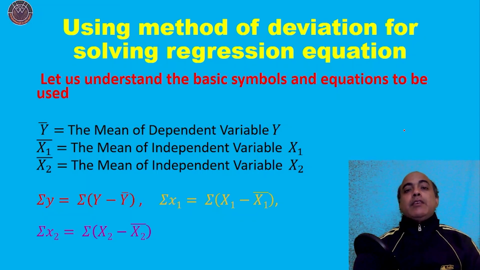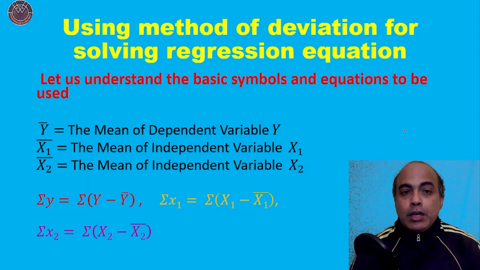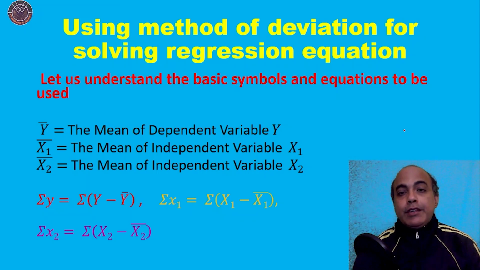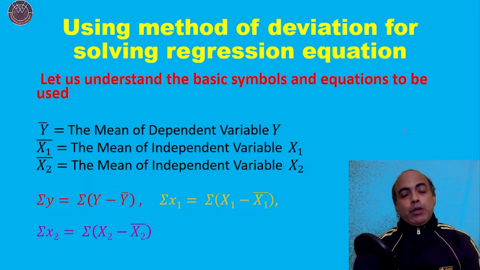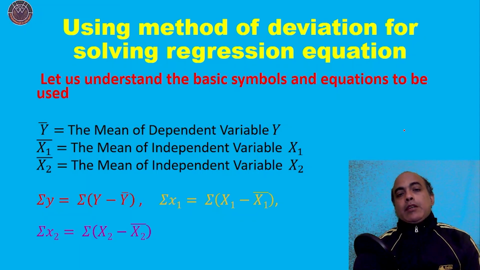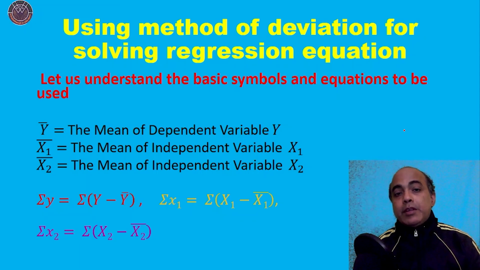Basically, deviation methods are used to simplify the steps so that you can easily calculate things. You can also do it with the exact scores of x and y. You can always do that, and that also I did when I solved the questions in the previous video.